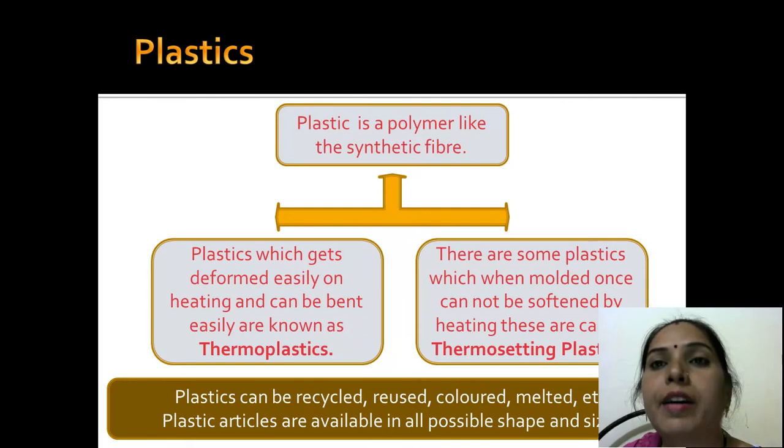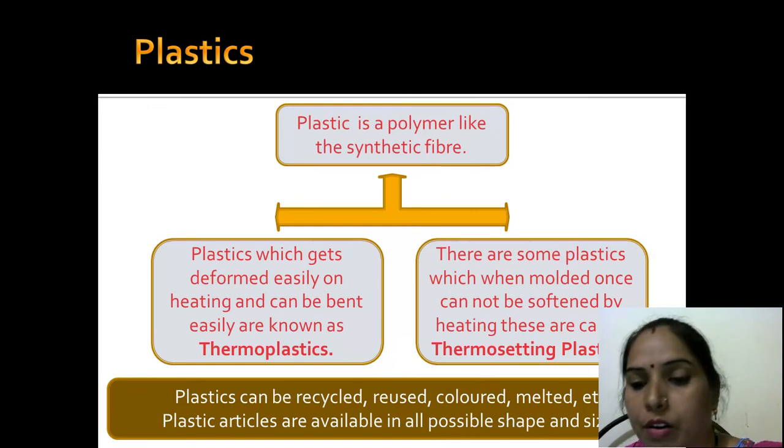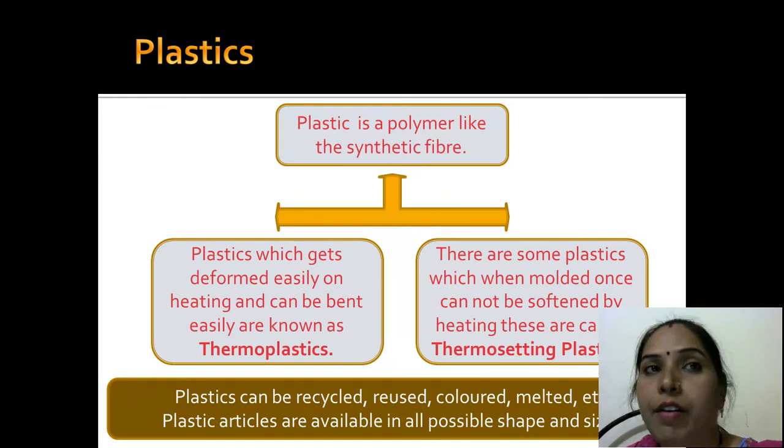If you hit it, it gets deformed, and it can be in different forms. It is basically very flexible, so this type of plastic is known as thermoplastic. Okay, you can understand this.